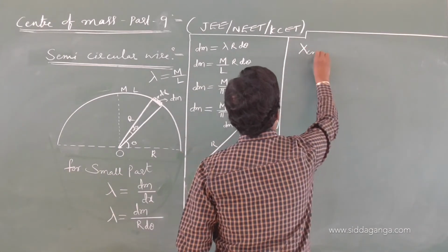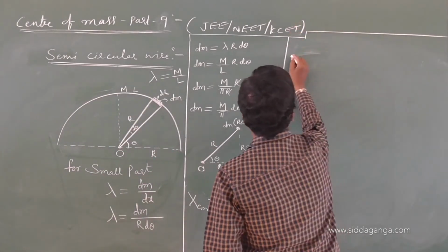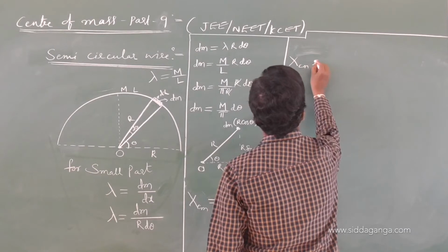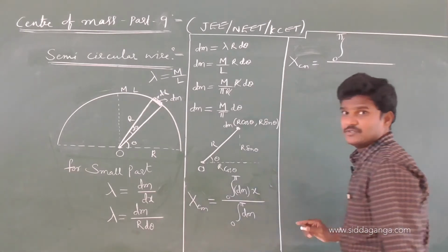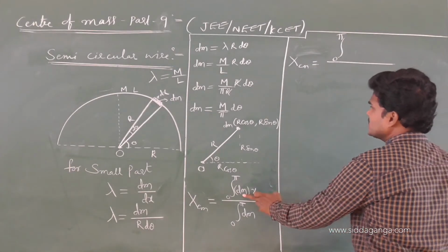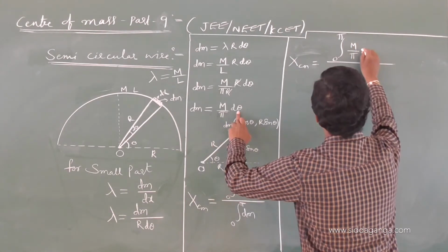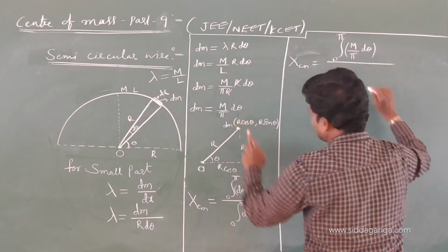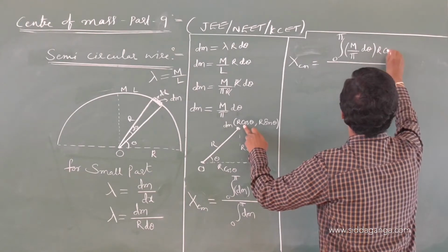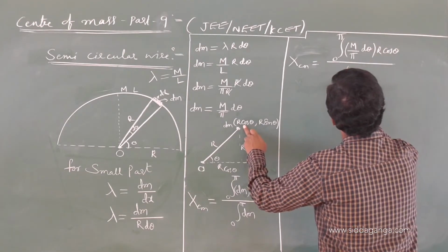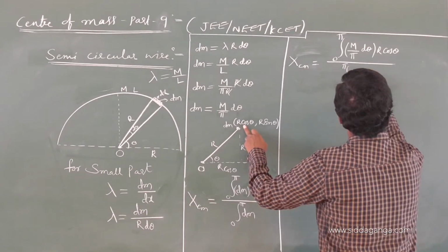So xcm is equal to integration from 0 to pi of dm. What is dm? M by pi d theta. The x coordinate of this dm is r cos theta, integration from 0 to pi of m by pi d theta.